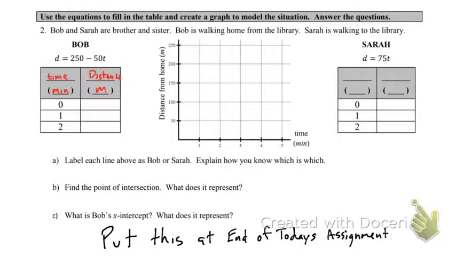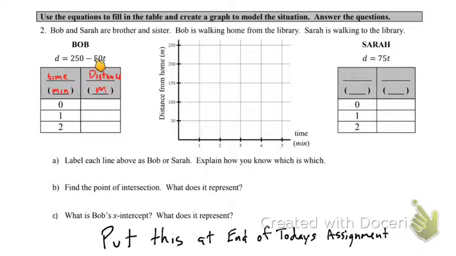So what we're going to do now is use our function to figure out this chart. And how do we do that? It's pretty simple. We're going to take our time, plug it in for t, do the math. So we're going to evaluate something we practiced, and then we're going to get our distance.